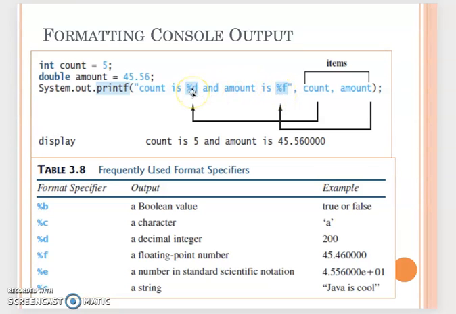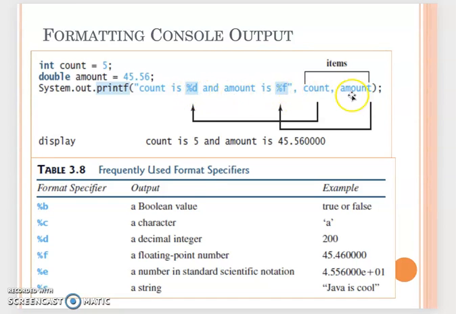If the variable is an integer, we use %d. The d represents the integer. If the variable is a double or float number, we use %f. So you can see here the %d refers to the int count variable, and the %f refers to the double value amount.